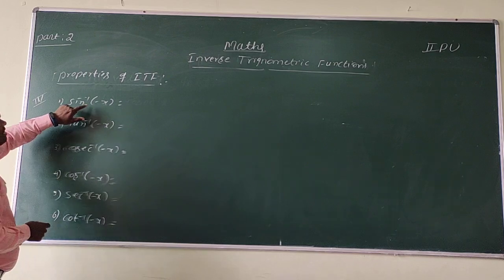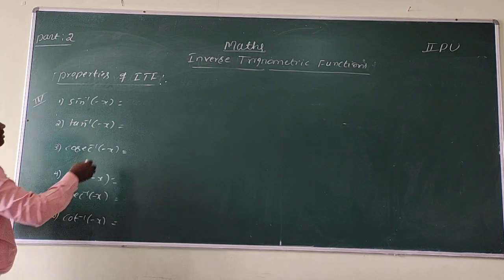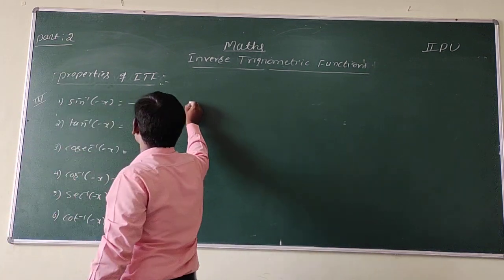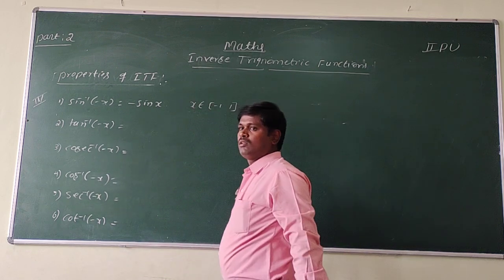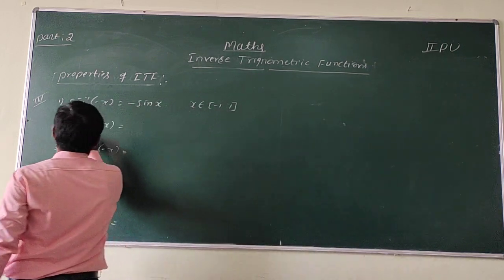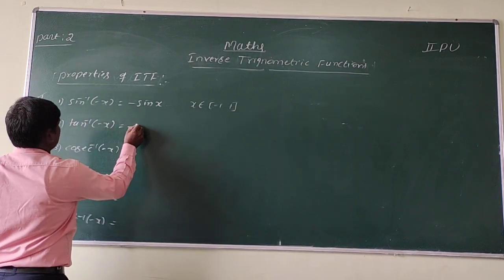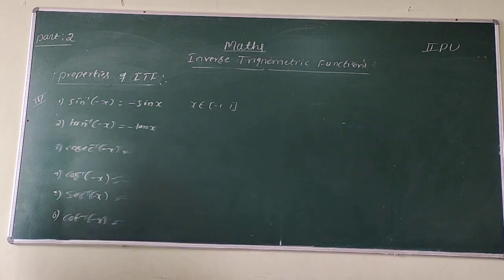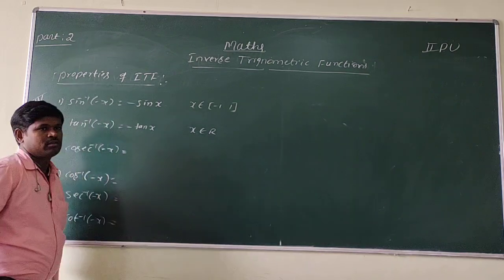So sin inverse of minus x is equal to minus sin inverse of x, where x belongs to minus 1 to 1. Okay, and similarly tan inverse of minus x is equal to minus tan inverse of x, when x belongs to any real number.